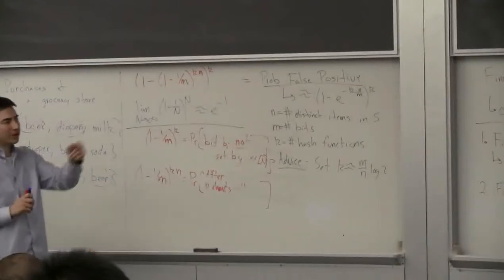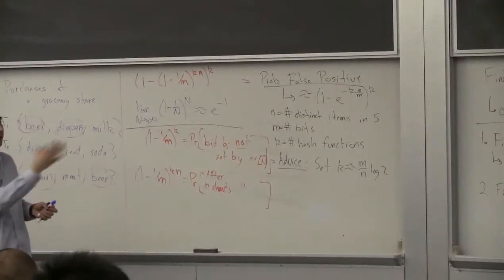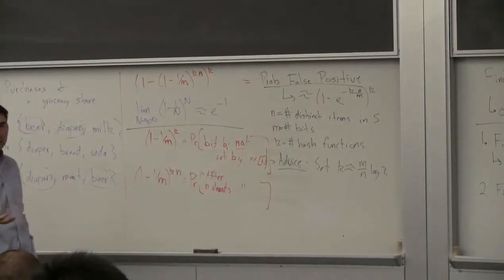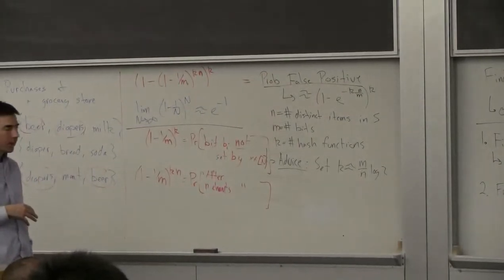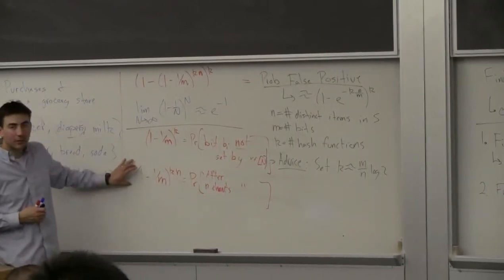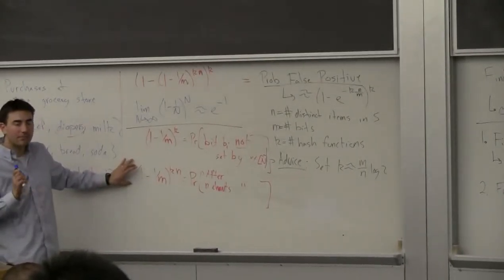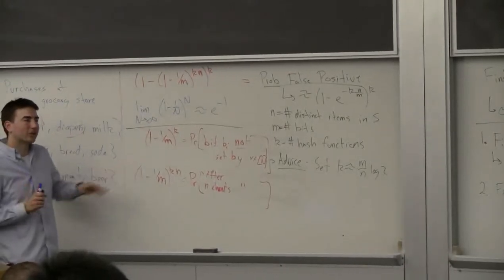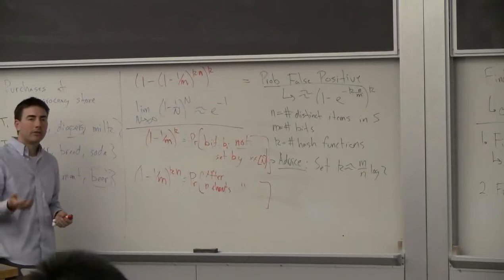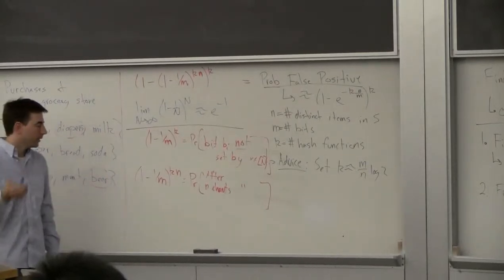So now I want to go and check if some other object is in there, some object which is actually not put in my Bloom filter. So I'm going to check k bits, and it's only a false positive if all of them are set to 1.